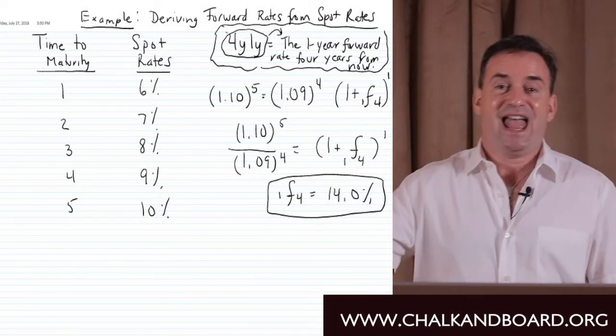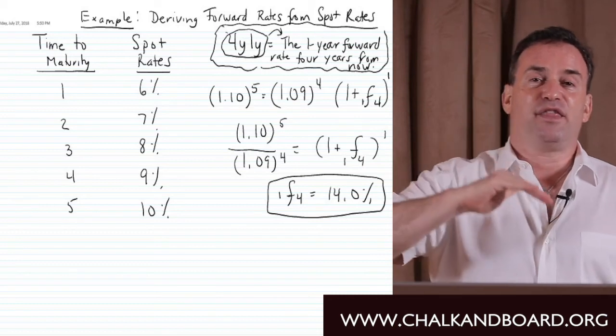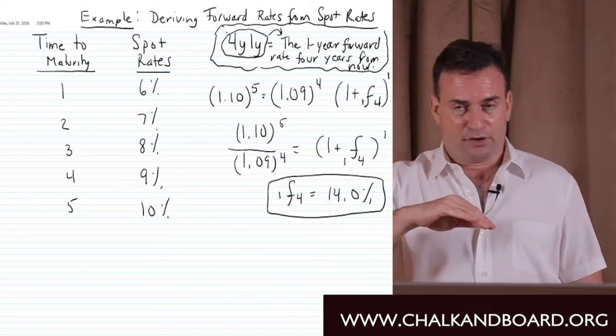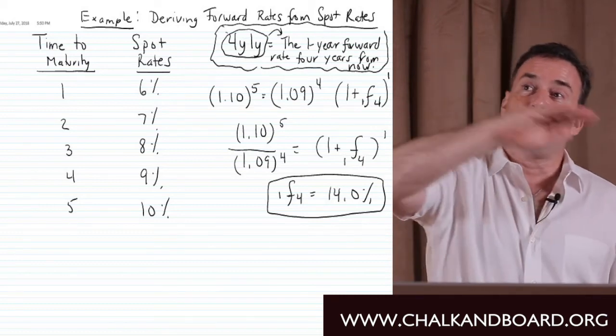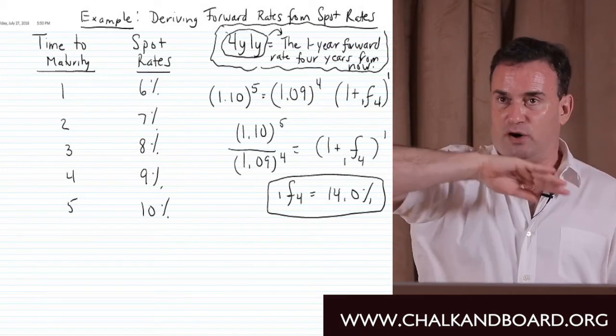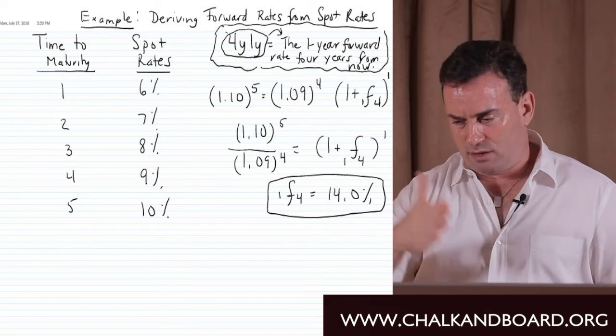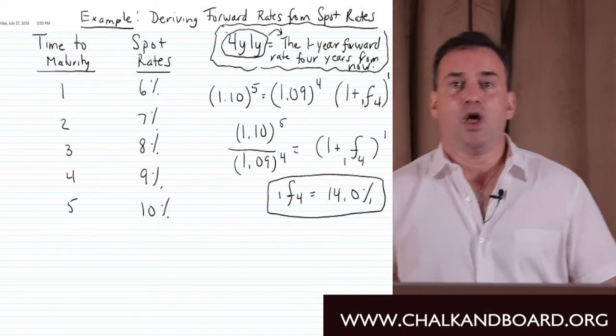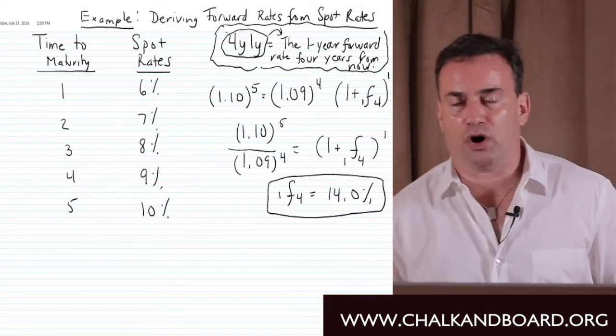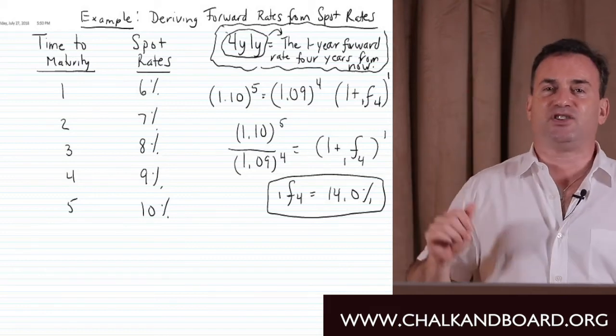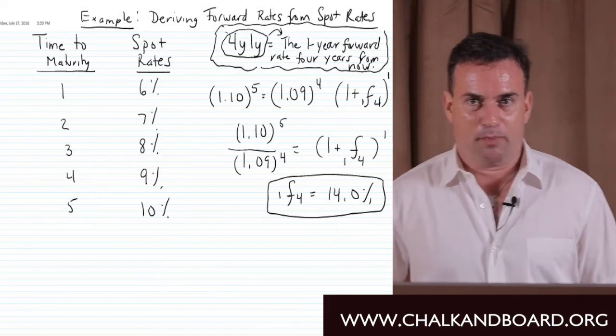theory of interest rates. And the pure unbiased theory of the term structure of interest rates basically says if we see an upward sloping yield curve, meaning that as maturity increases, so do the yields, how does a supporter of the pure unbiased expectations theory explain this upward sloping yield curve?